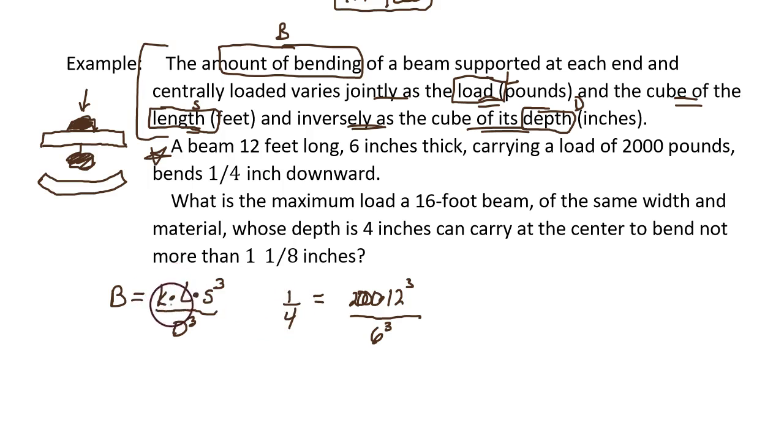Remember that our model also had the letter K in it, representing some constant that we have to figure out. So we have 1/4 equals K times, and then I filled in the other numbers. Now let's solve this for K. So in the first step, take a calculator and type this entire piece in right here to get it as a single number. We'll have 1/4 equals K times 16,000.